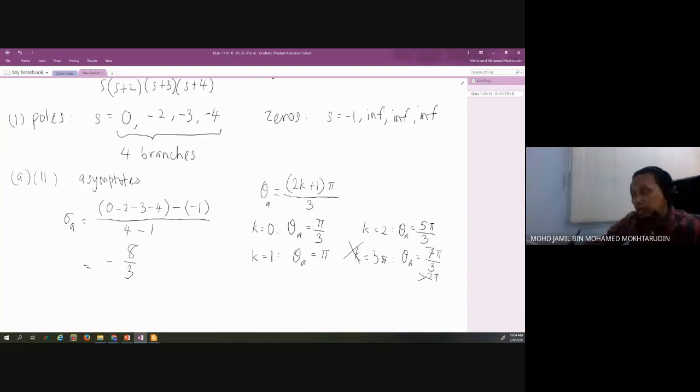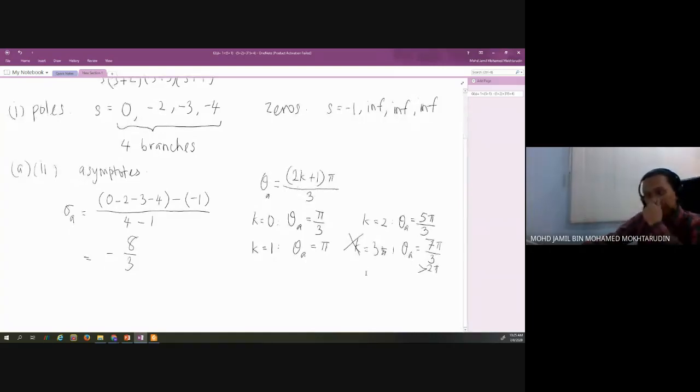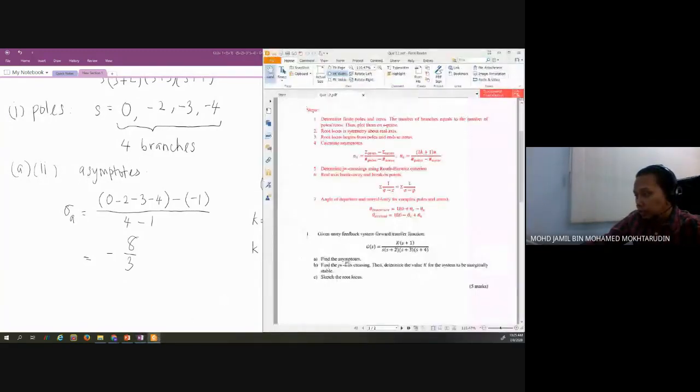So here, there are 3 asymptotes starting at this point, at the angles pi over 3, pi, and 5 pi over 3. So this is the answer for question A.